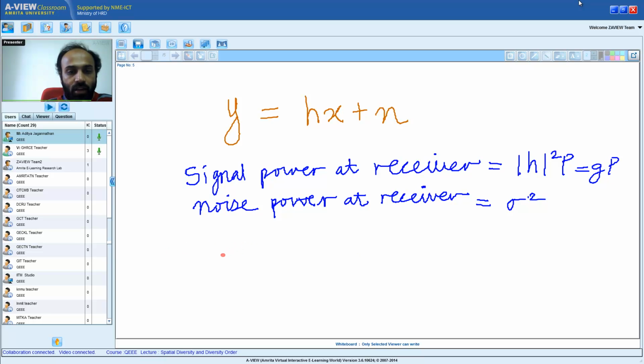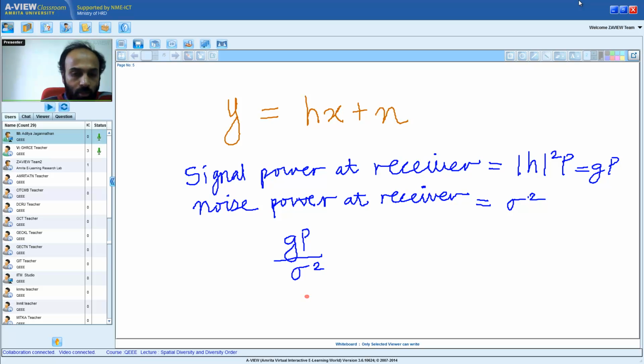Therefore, the new SNR at the receiver is G times P over sigma square.